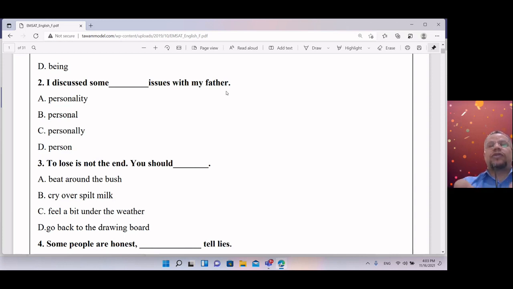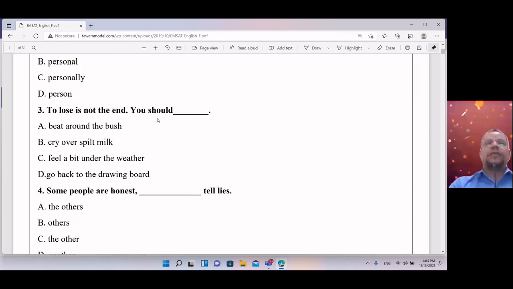Here I need a noun, and the noun is issues. If I have a noun, that means I need a word before the noun to describe it. That means an adjective. Which one is an adjective here? Personality is a noun, personally is an adverb, person is a noun, and personal is an adjective. So the answer is B. I discussed some personal issues with my father, because I describe the issues as personal. Thank you. Let's go to number 3.